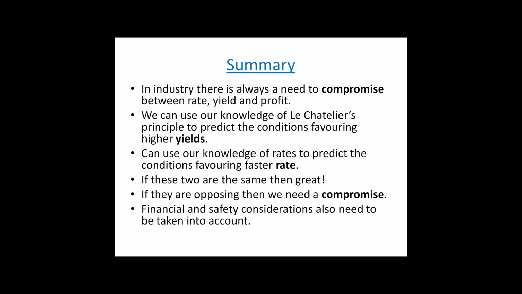Okay, so that's a very quick video on the Haber process, and more particularly how in chemical reactions we often have to use compromises to make enough product in enough time to make it financially viable.